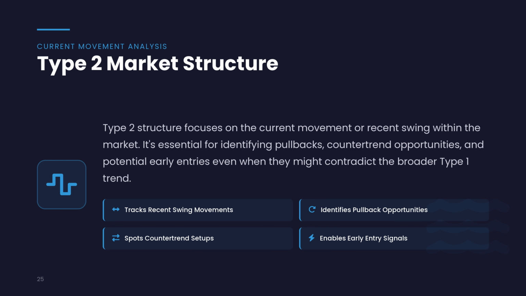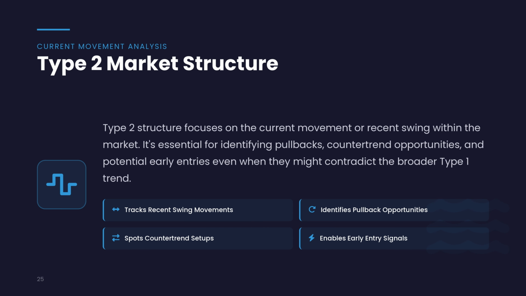Does this contradict Type 1? Not at all. What it's showing you is that we're in a pullback phase. The macro trend is still up, but currently we're retracing. This is actually excellent because it might provide an optimal entry point to join the larger bullish trend. Understanding how Type 1 and Type 2 interact is where the real skill comes in.